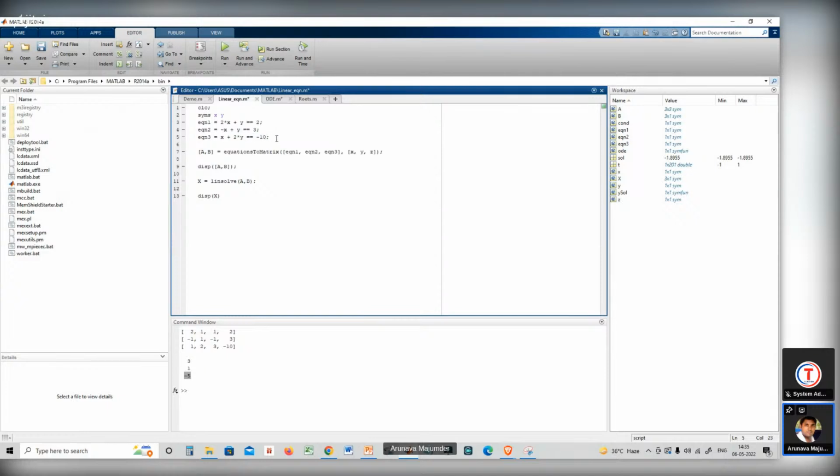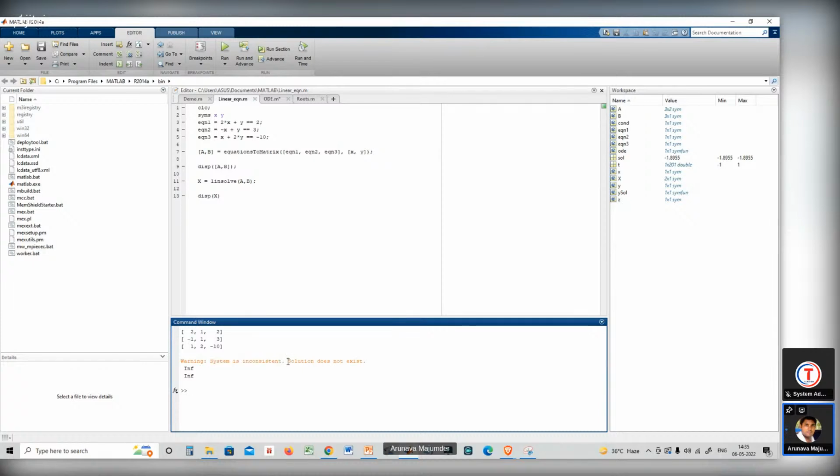Just one variable I am eliminating here. Now I am running this program. You can see the system is inconsistent, solution does not exist. So I already told you, if the number of equations is more and the number of variables is less, the system becomes inconsistent and we cannot get any solution.